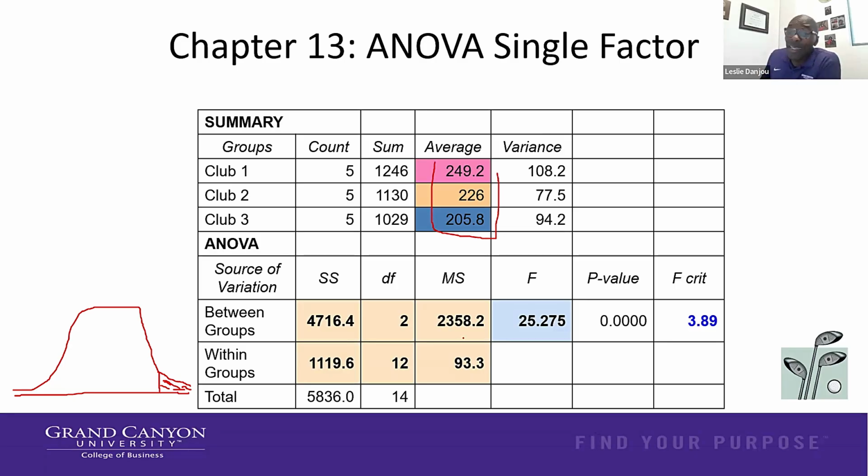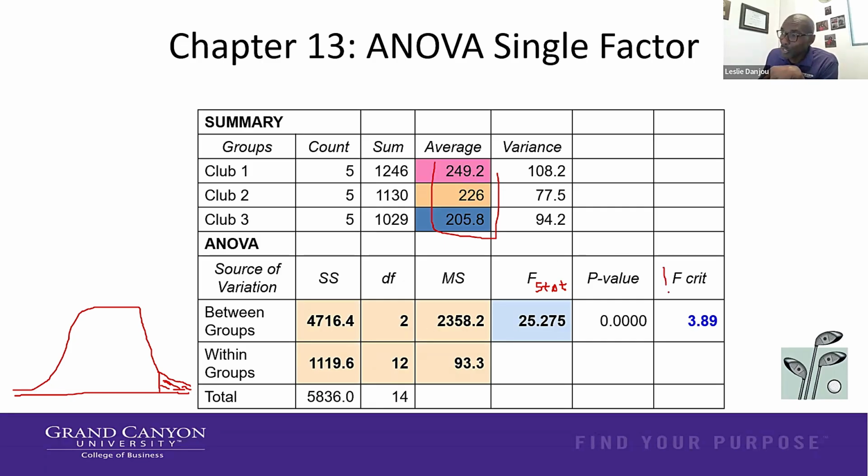How do we look at it? In the results, here is your F stat, or your test statistical value. This is that dot that appears somewhere on the number line.